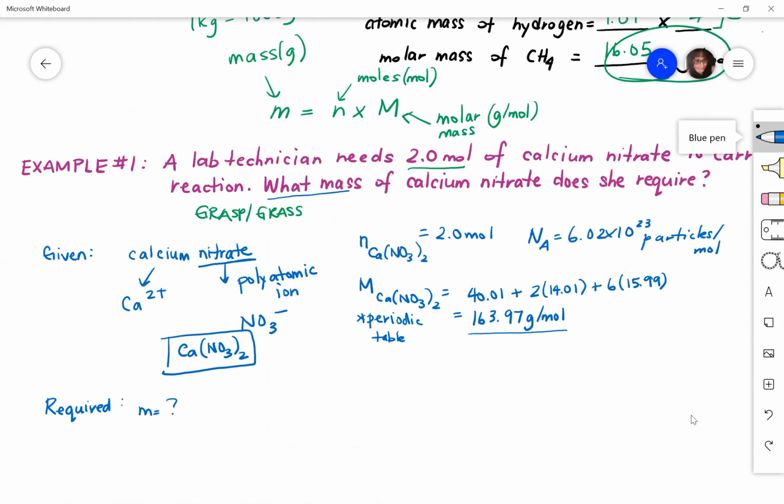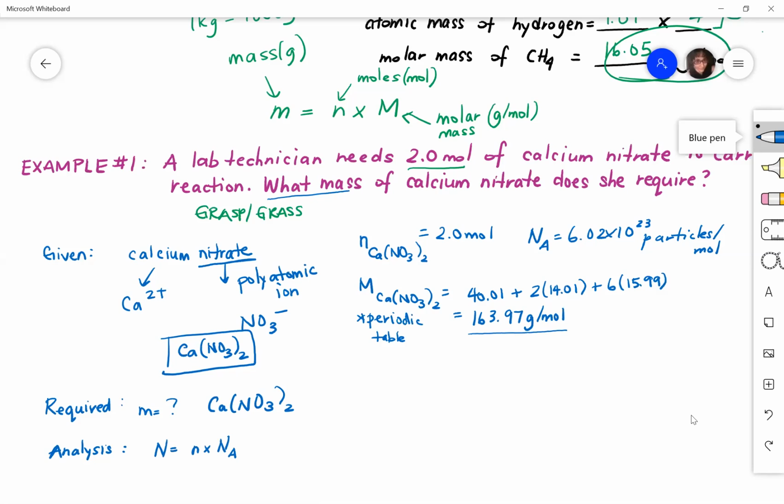Now we have two equations that we can work with in terms of our analysis. Remember from the previous video, we have number of particles is equal to number of moles times the Avogadro's constant.